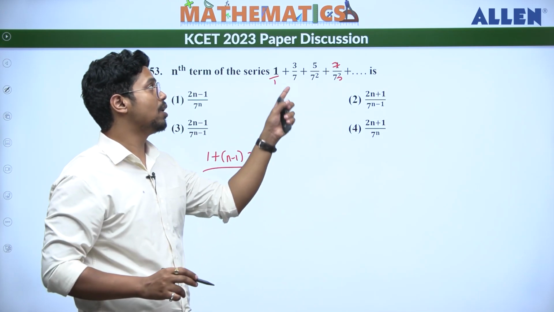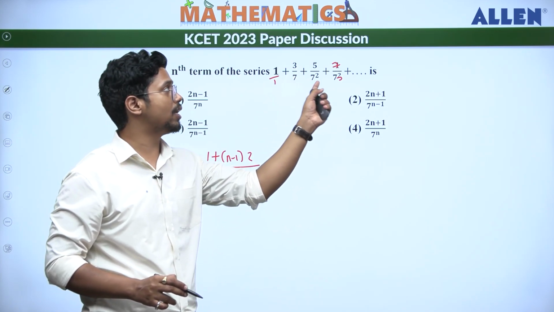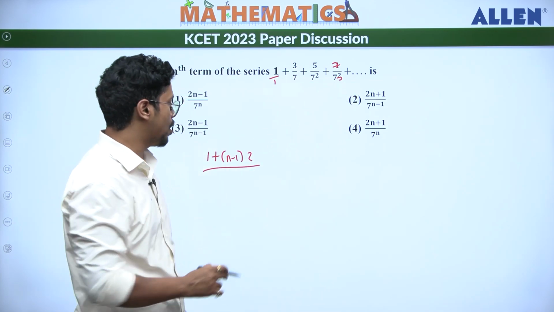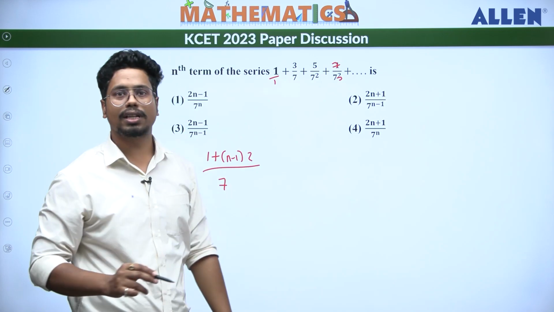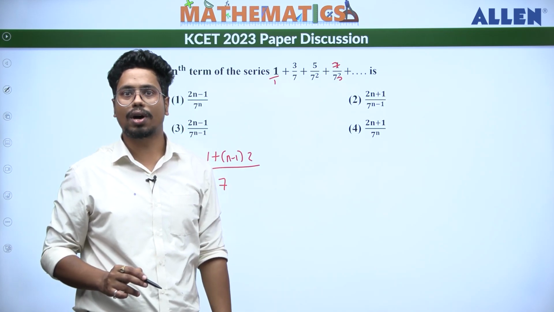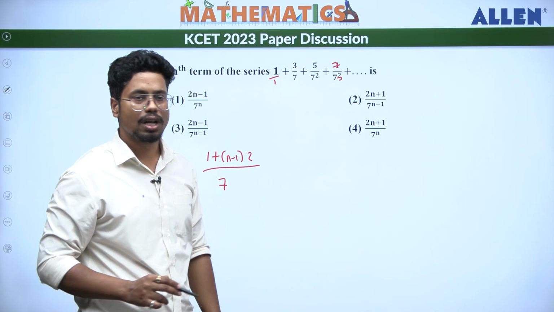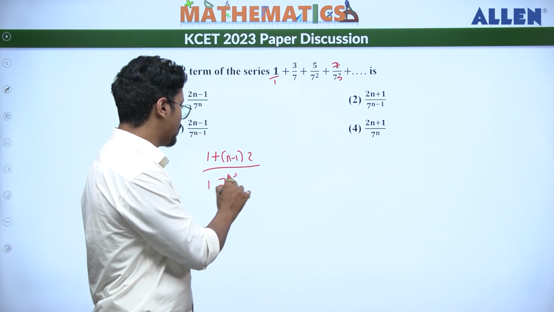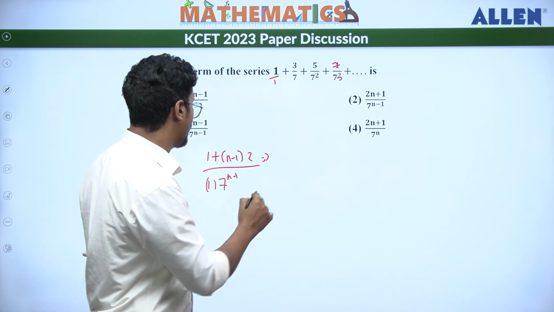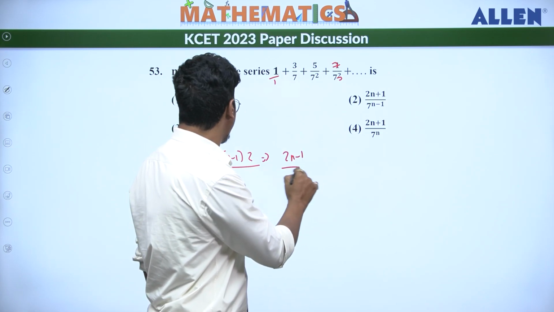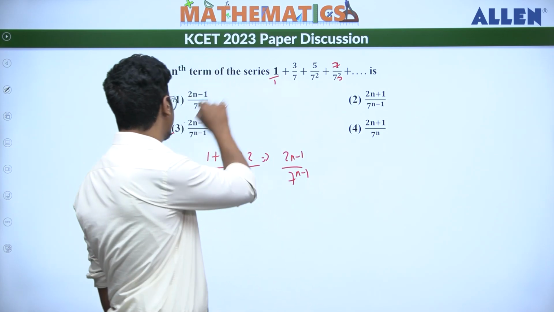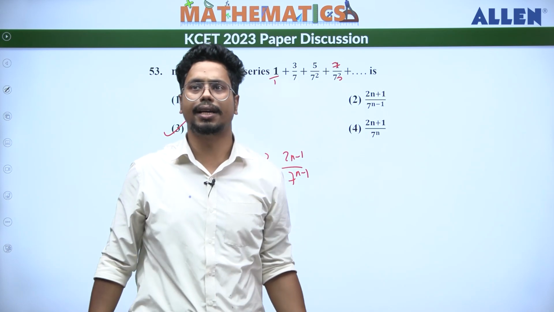And the nth term of the denominator will be the nth term of the GP 1, 7, 7 square, 7 cube. That will be how much? What is the formula for the GP? A into R to the power n minus 1. So 1 into 7 to the power n minus 1. On simplification, what you will get, all of you? 2n minus 1 by 7 to the power n minus 1. Which is the option? Option number C.